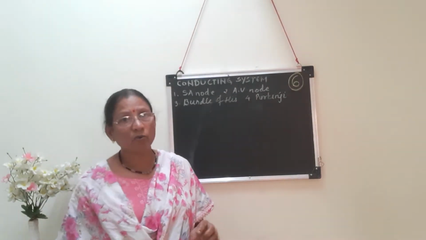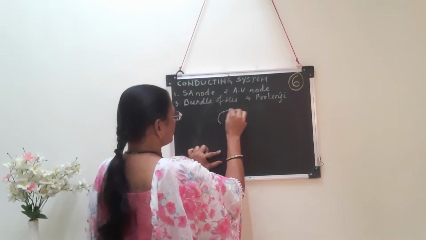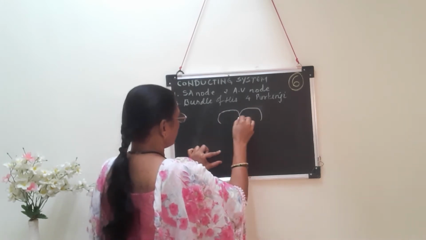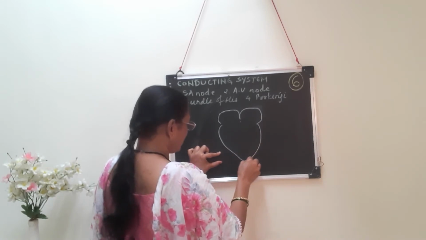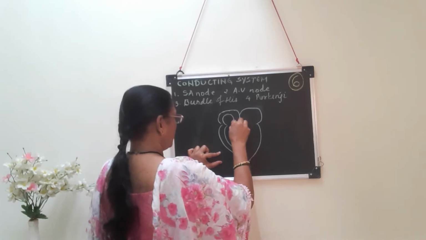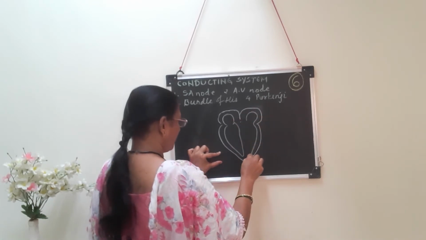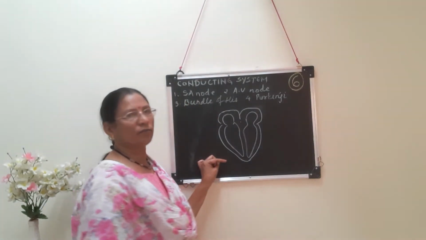We have studied that the heart consists of 4 chambers, the 2 atria and 2 ventricles. So internally there are cavities present inside the heart. Why is this diagram drawn? So that the position of these 4 components should be very clear for you.